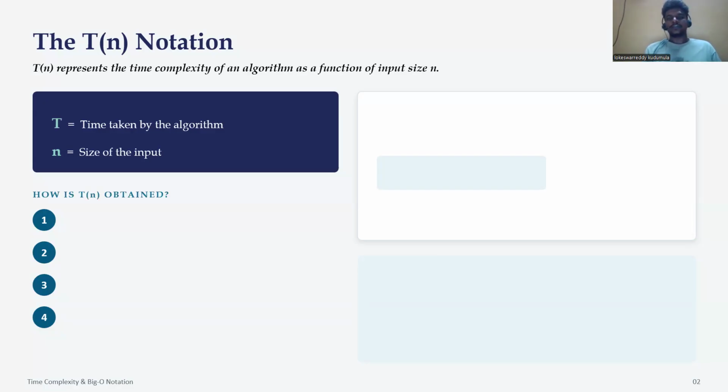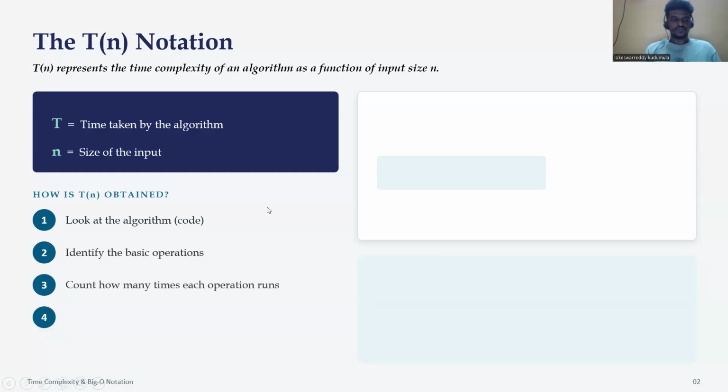So how is it obtained? To get T of n, look at the algorithm code first, identify the basic operations, count how many times each operation runs, and express the total count as a function of n.